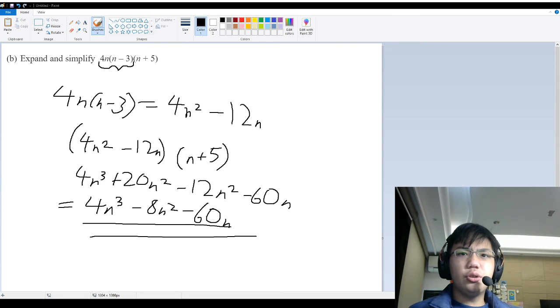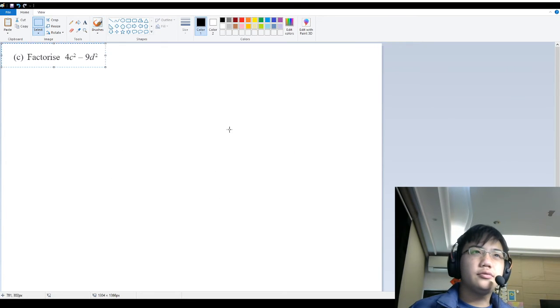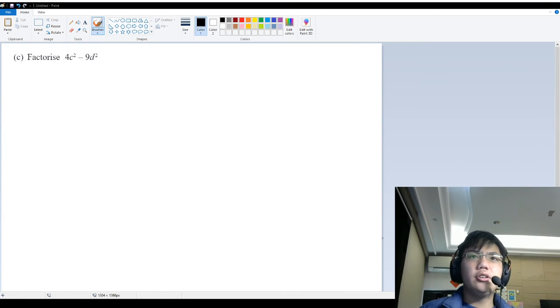Part C of this question requires you to factorize 4c squared minus 9d squared. What you will notice from this is that this expression only has 2 terms, but they're both squared.